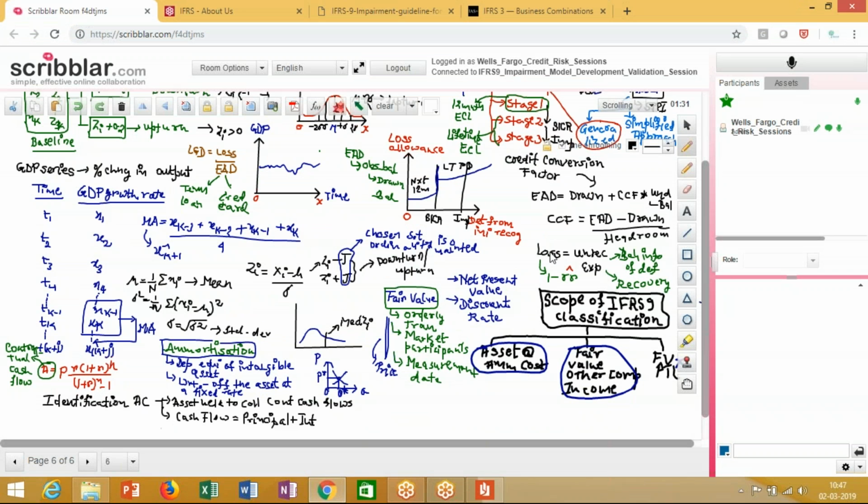Okay. So having talked about IFRS 9, having talked about the assets at amortized cost, the second group of assets that we generally talk about over here is the fair value through other comprehensive income.